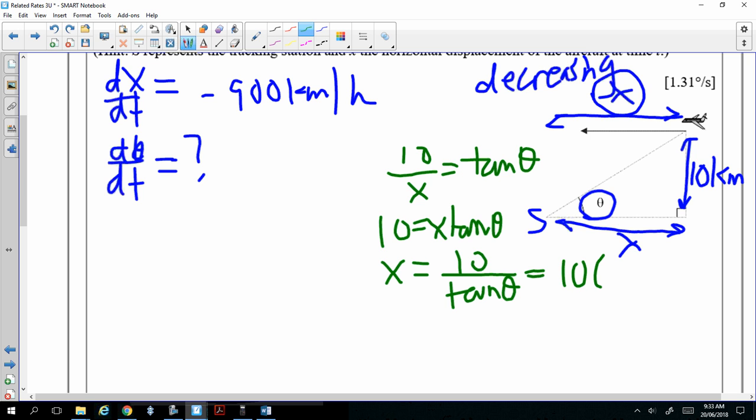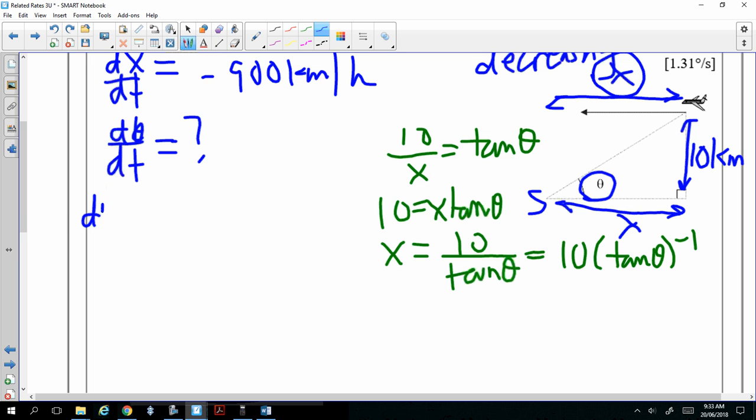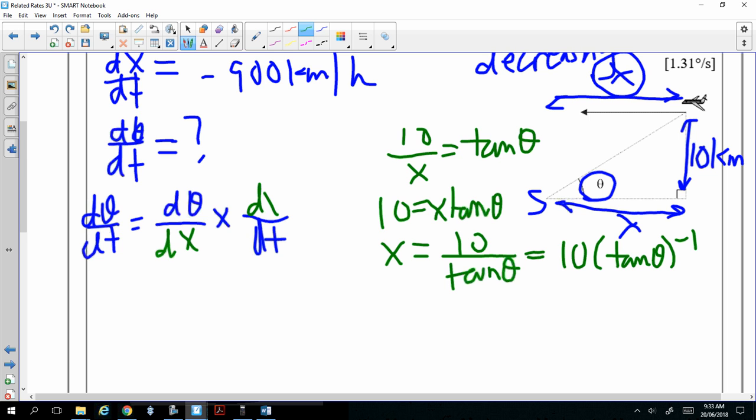So dθ/dt is equal to dθ/dx times dx/dt. We know what dx/dt is. We have to find dθ/dx. To find dθ/dx, you find dx/dθ first, and then take the reciprocal.